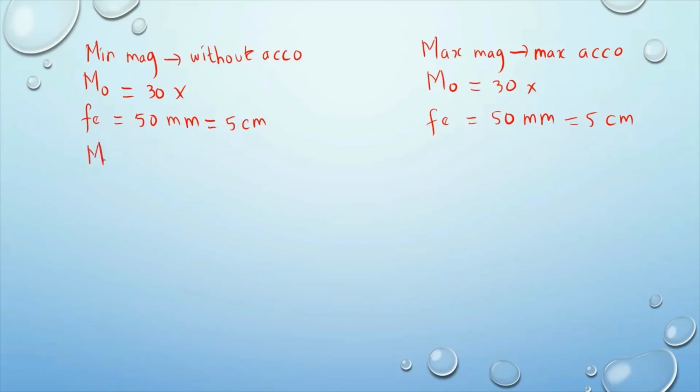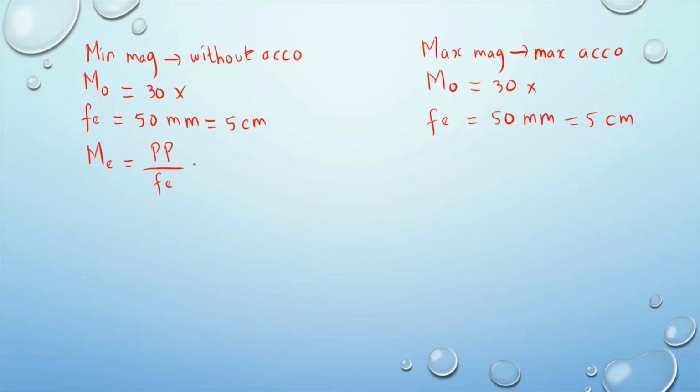So, the correct equation of the M_E for the condition of without accommodation equals P_P over F_E. The problem does not state the condition of the person's eye. So let's consider that the person has normal eyes.